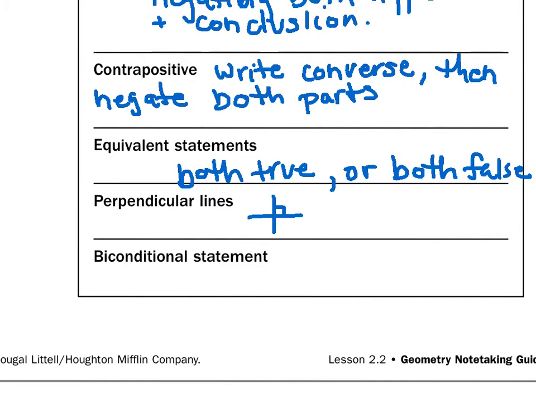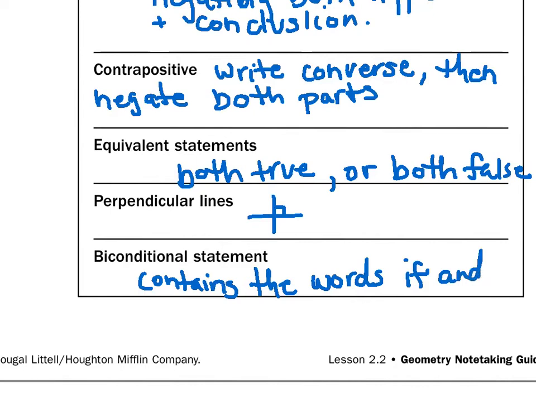Biconditional statement is a statement that contains the words if and only if. You can be in Algebra 2 if and only if you've already taken Algebra 1.